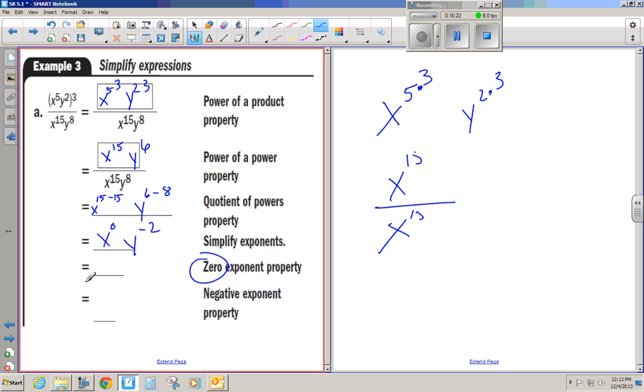Now the zero power property says that x to the 0 is 1. And the negative exponent property says that whenever you have a negative exponent, you move it to the other side of the fraction. So you went from this to that.